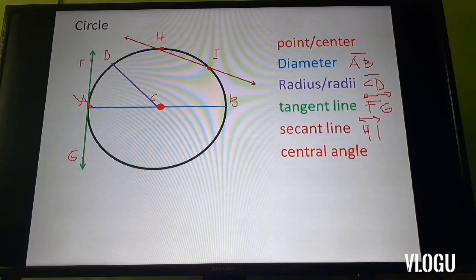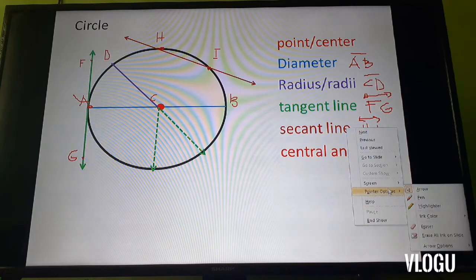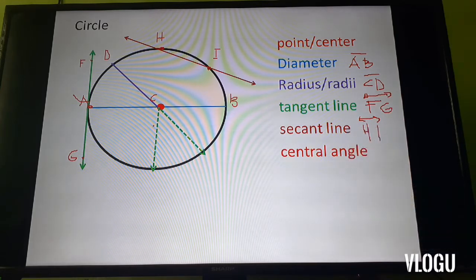And the next part of the circle is called the central angle. A central angle is an angle with its vertex at the center of the circle. Lahat ng angles na nanggagaling sa center ng circle, ang tawag po natin dyan is central angle. Therefore, in this figure, my central angle is here.